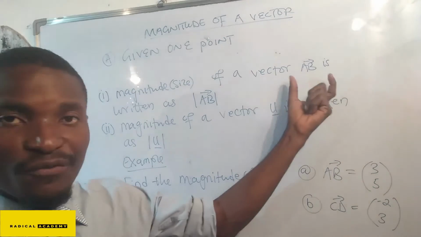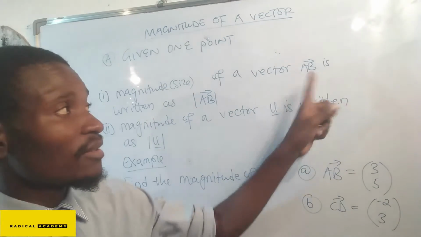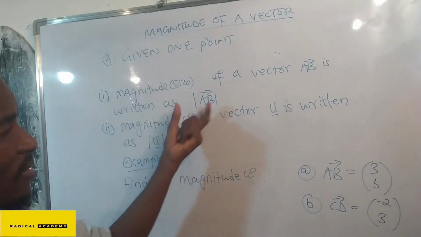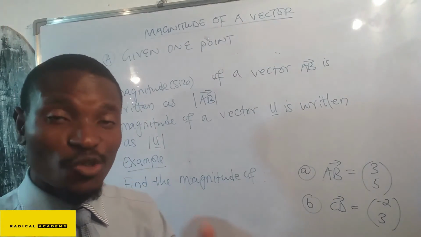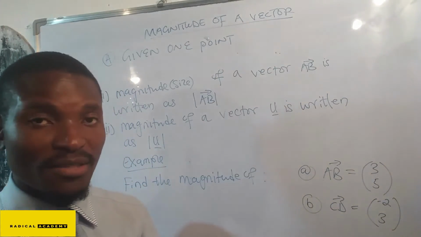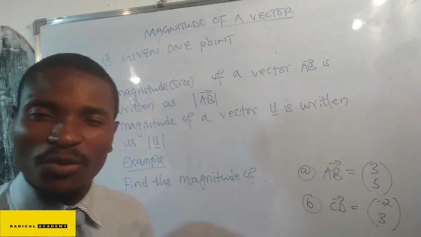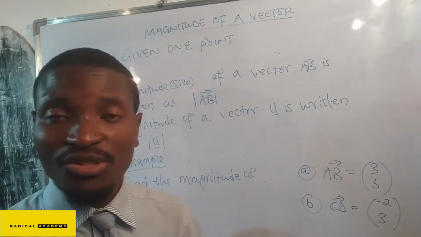When you have a vector such as AB, you put parallel lines, and then put the actual vector in between those two lines, and this becomes what is known as the magnitude of the vector.